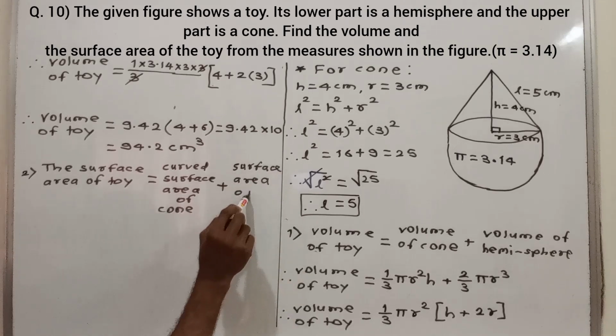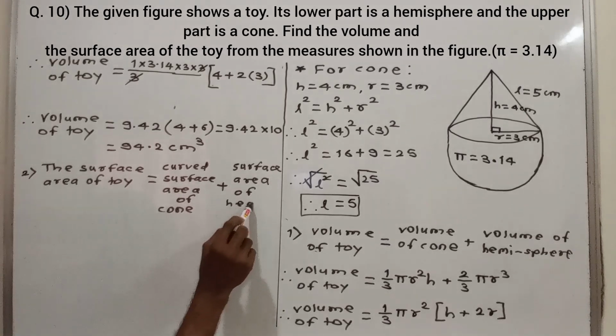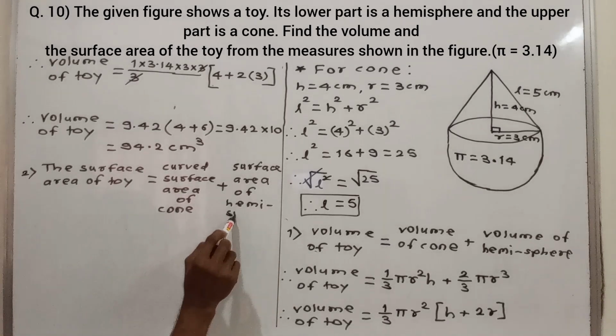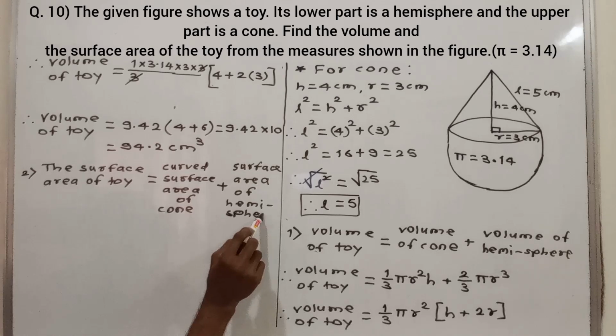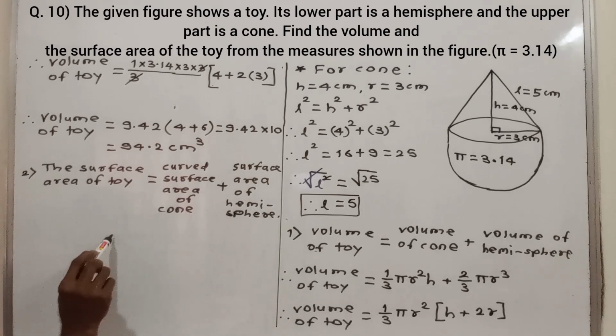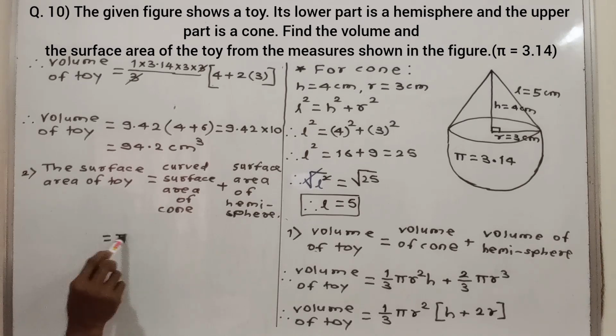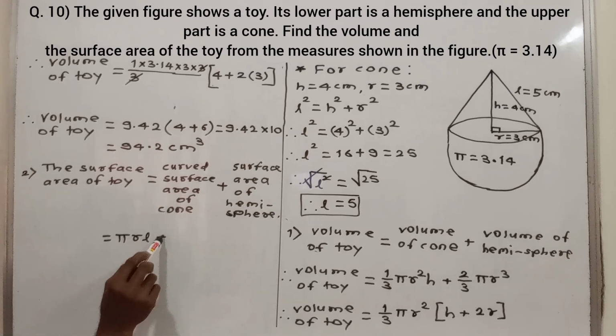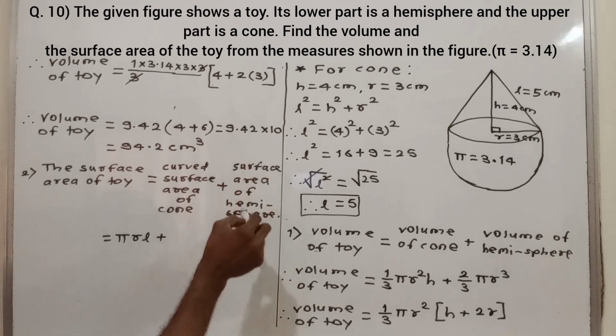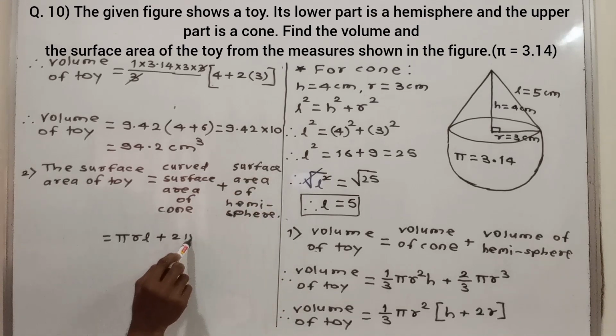Okay, we write here the formula. Curved surface area of cone pi r l plus surface area of hemisphere 2 pi r square.